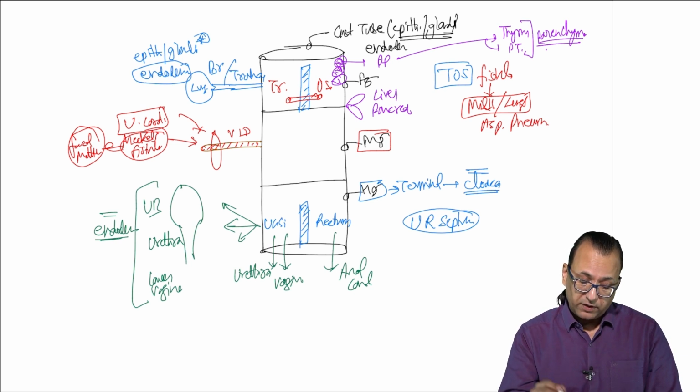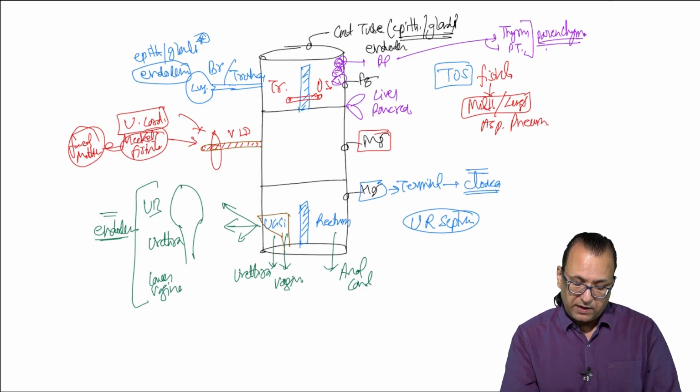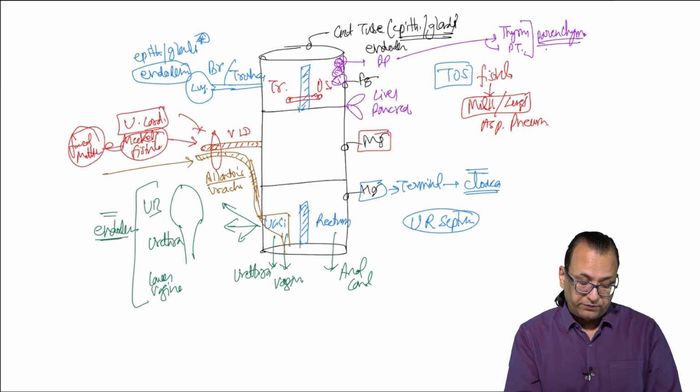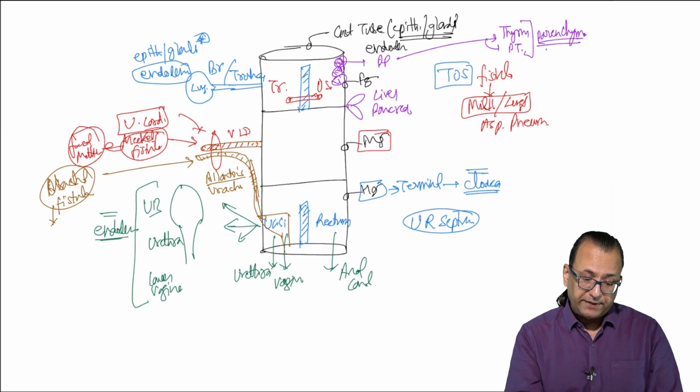What about the urogenital sinus giving urinary bladder? It has one attachment, allantois. Normally allantois is obliterated to form urachus, but sometimes this urachus can have a patent lumen, which is called allantoic fistula. Urachal fistula is a better term. If you have urachal fistula, you might find the baby is born with urine at the umbilicus.